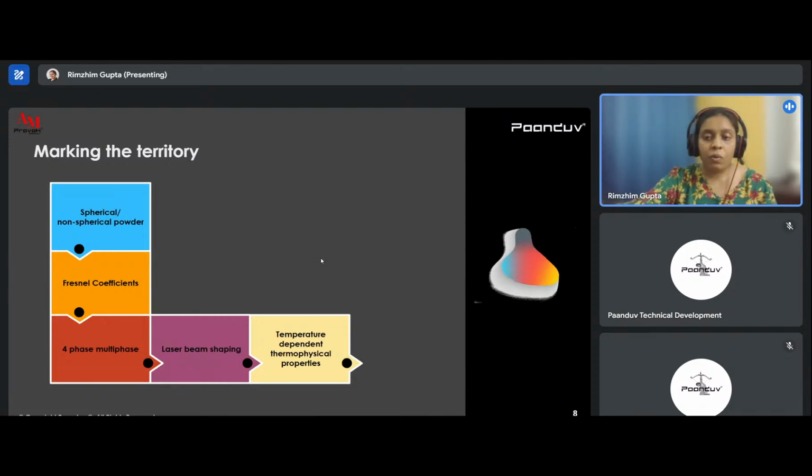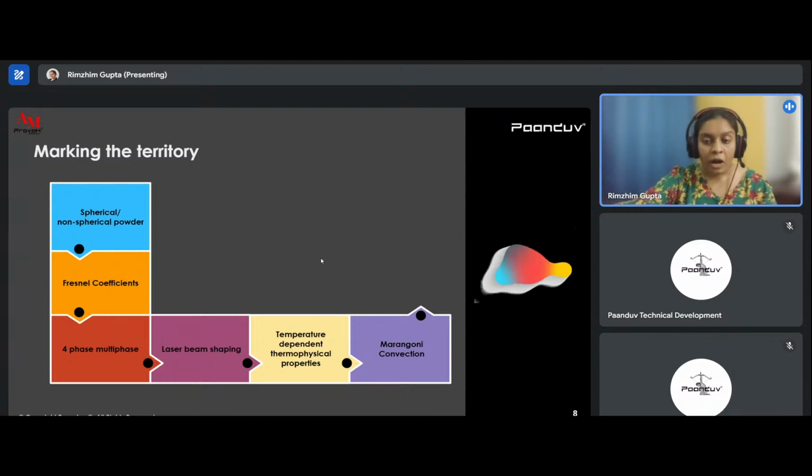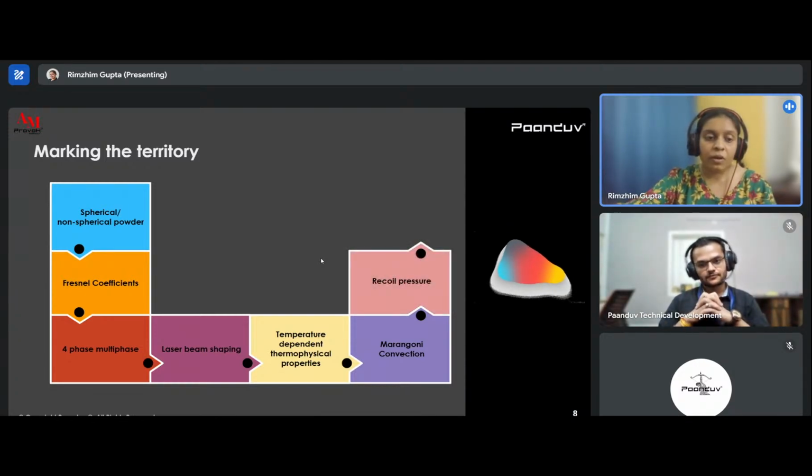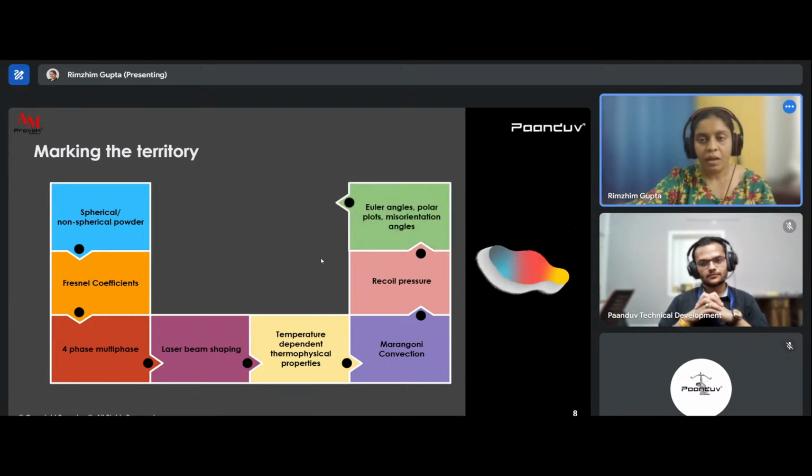We can also improve the accuracy by taking the temperature-dependent thermophysical properties of alloy. We are taking into account all the Marangoni convection effects and recoil pressure. Because four phases are included, that means vapor is already included, hence the real-time effect of recoil pressure is also included.